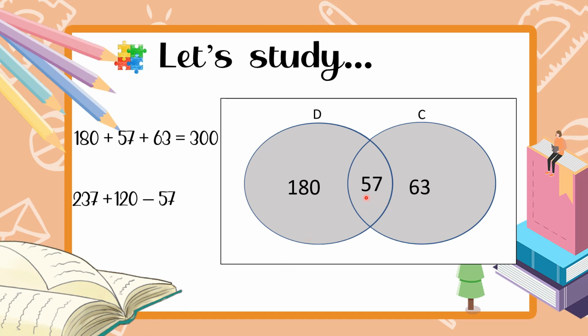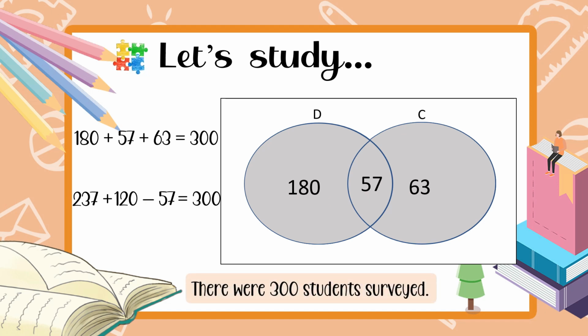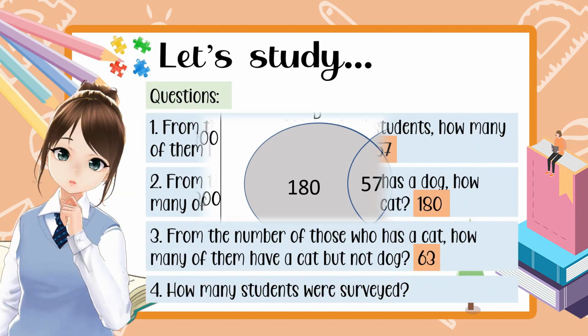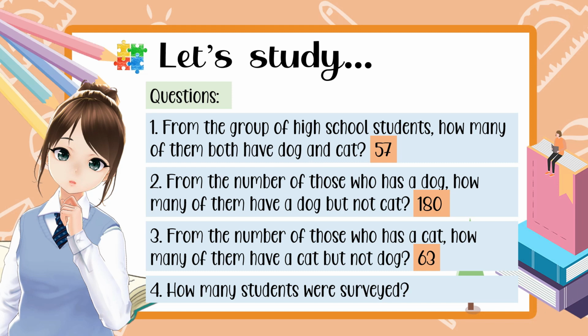So, 237 plus 120 minus 57, we will have also 300. Therefore, there are 300 students na na-survey. And let's write our answer sa ating final question. 300. O, diba? Nakabuo tayo ng Venn diagram.